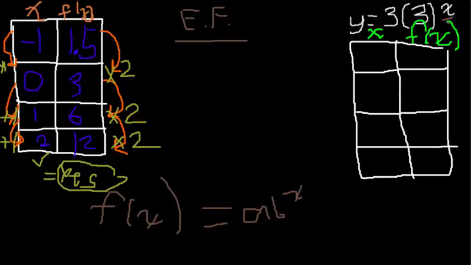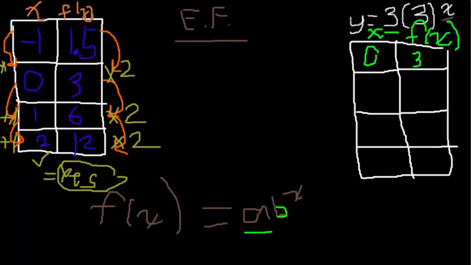So for the exponent, why don't we try 0 to begin with? Because 0, all it is, this a over here is this 3 number here. So if you do the math, you know that 3 to the power of 0, anything to the power of 0, is going to be 1, and 3 times 1 is 3.